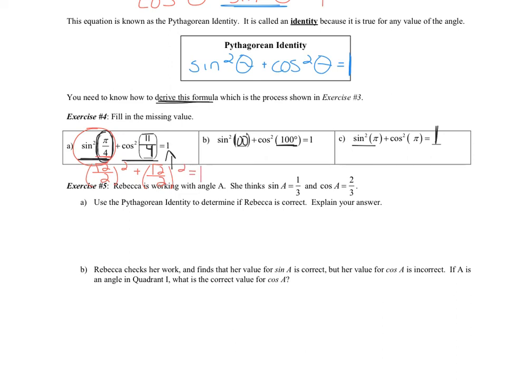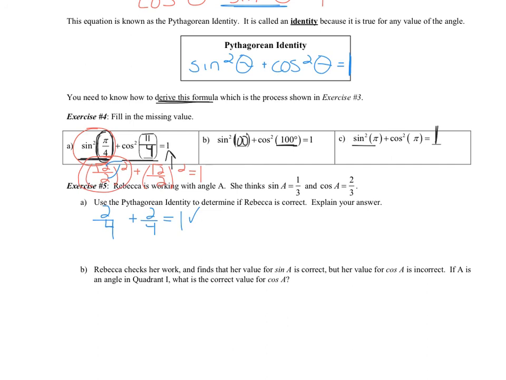If I square both of these, and I'll erase this in a second, this is more just something you can watch, radical 2 squared is 2. 2 squared is 4. So I end up with 2/4. Same thing with the next fraction. 2/4 plus 2/4 equals 1. Looks good, right? 2/4 plus 2/4 does equal 1.